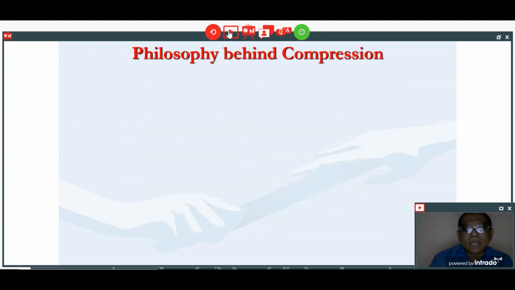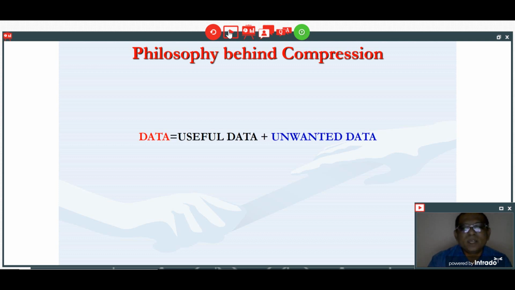What is the fundamental philosophy behind compression? It is only one: all the data does not convey useful information. So we can broadly classify this data into two types: useful data and unwanted data.